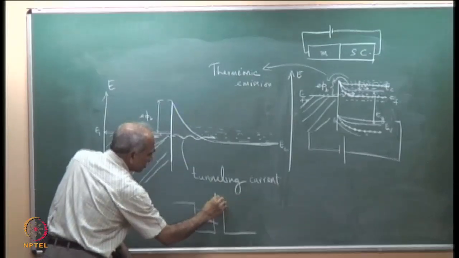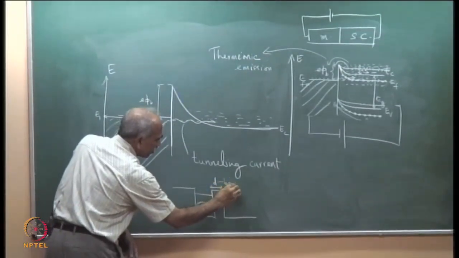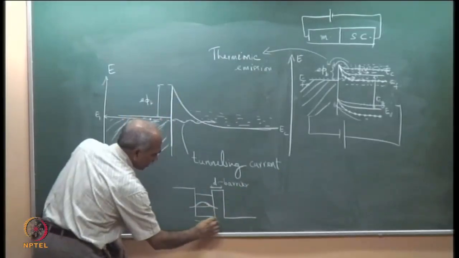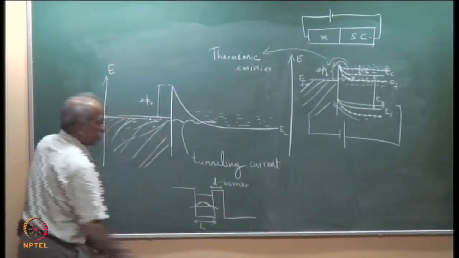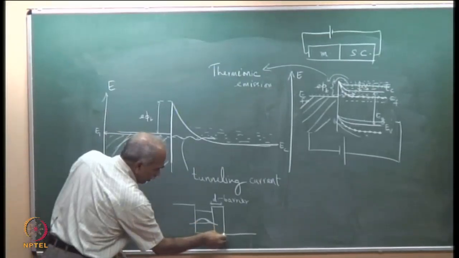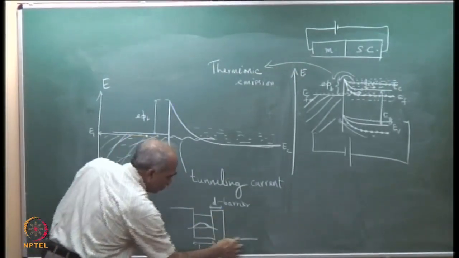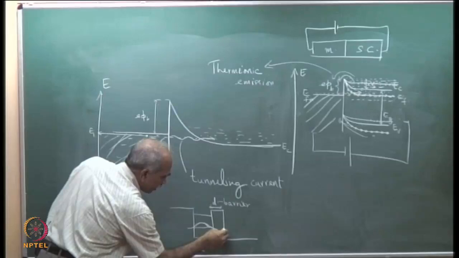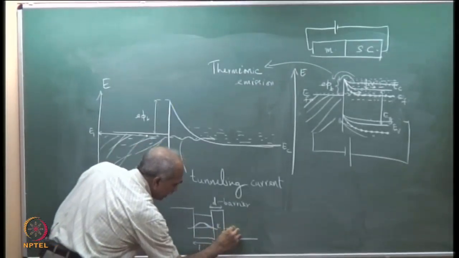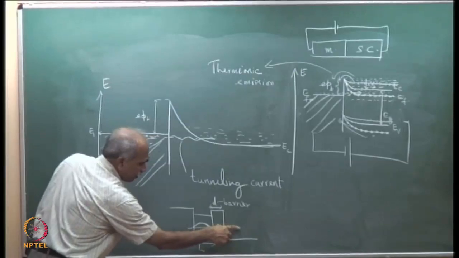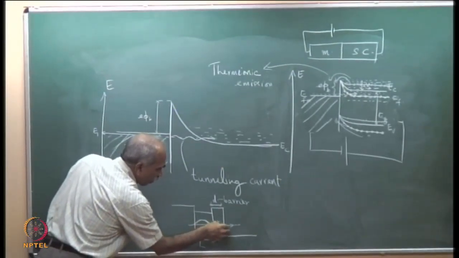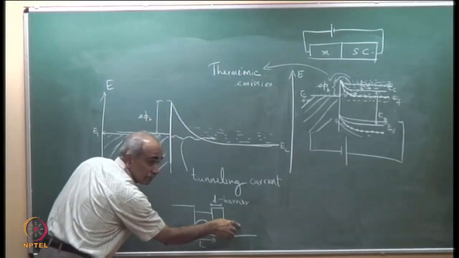Let us say D is the barrier width, and L is the width of the well. If there is a lower potential here, at this value of energy, then the electron has a probability of tunneling into that region.